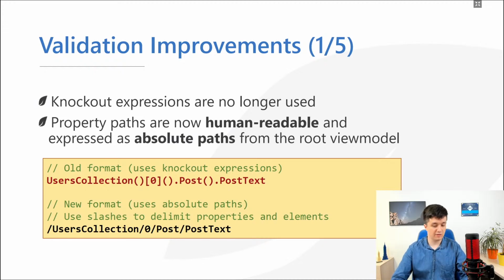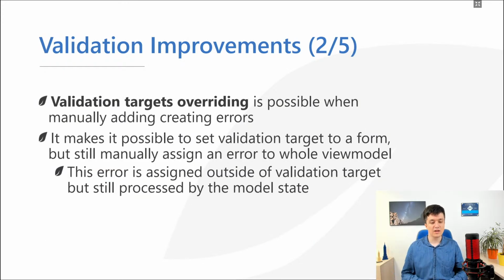So, okay, this is pretty nice. What else changed? So, validation targets overriding. As I previously mentioned, in DotVVM 3.x, you were not able to override validation targets. Well, now you can. You can manually add a validation error, but of course, this does not apply to the automatic validation.